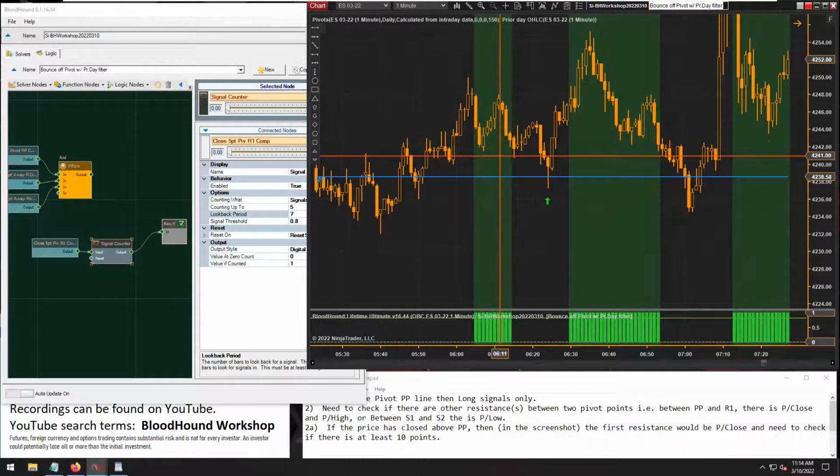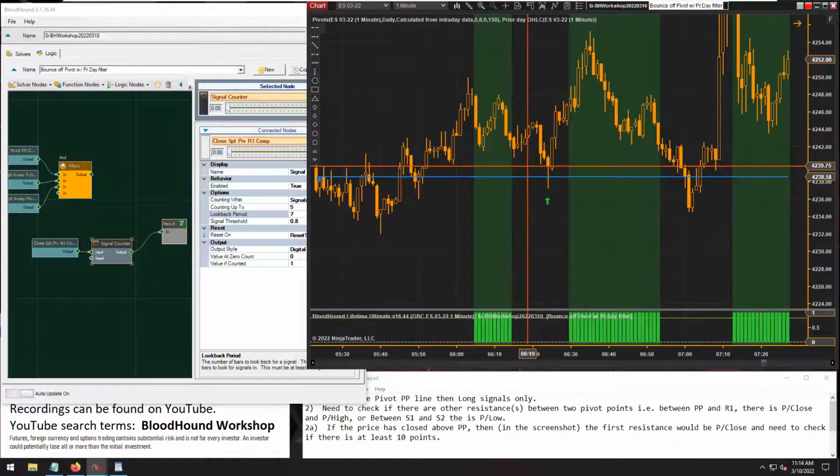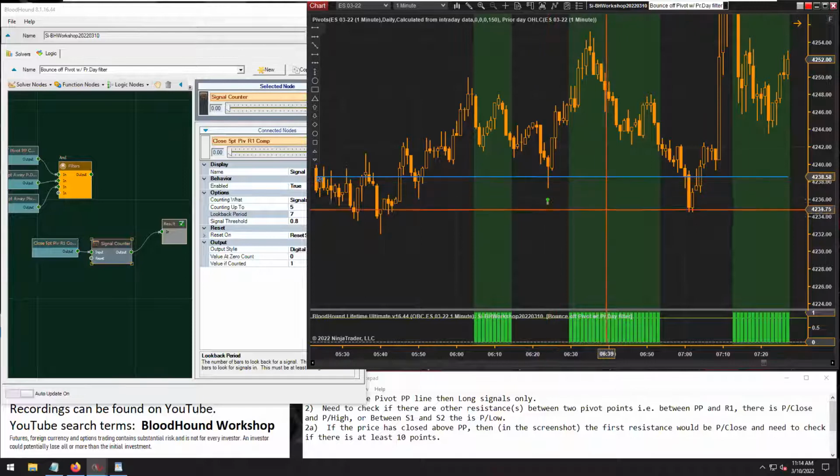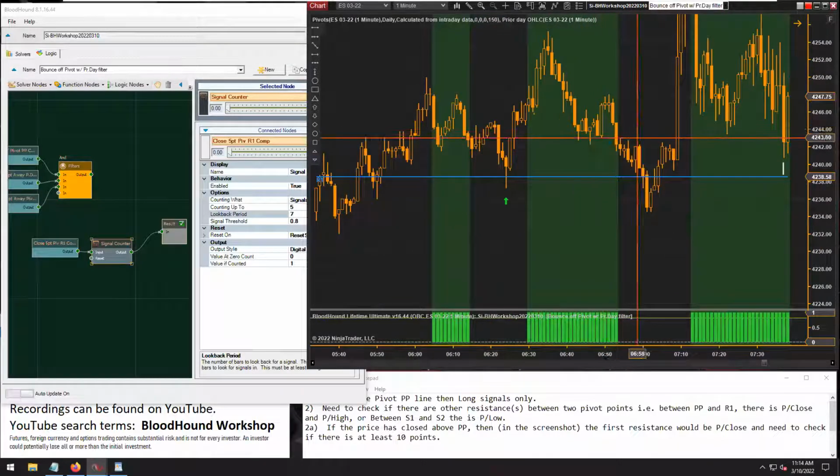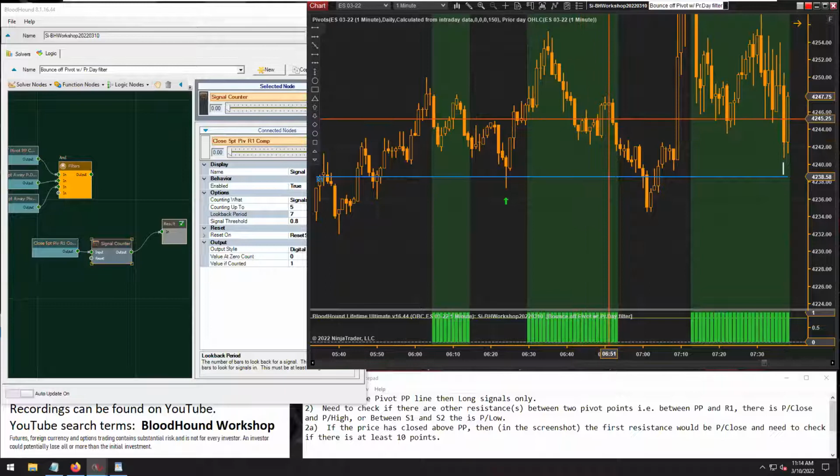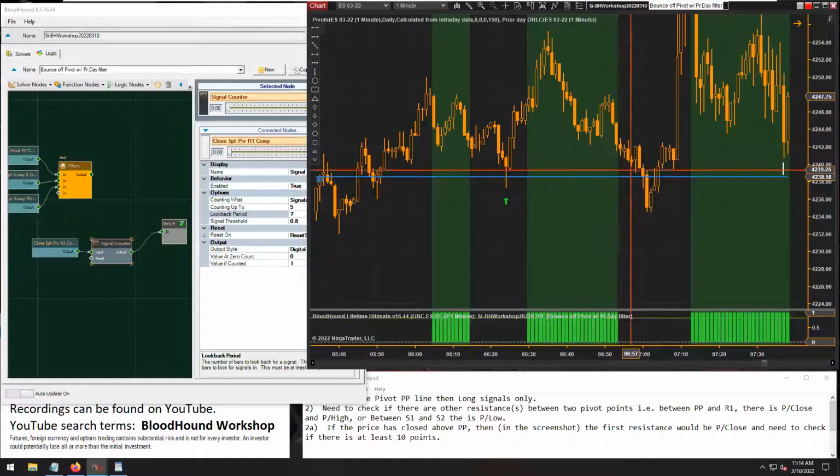Once we get that, we then need to extend it forward enough bars to allow the market to pull in and bounce off, right? It takes a couple of bars for the market to pull in to the support line, and then bounce off.